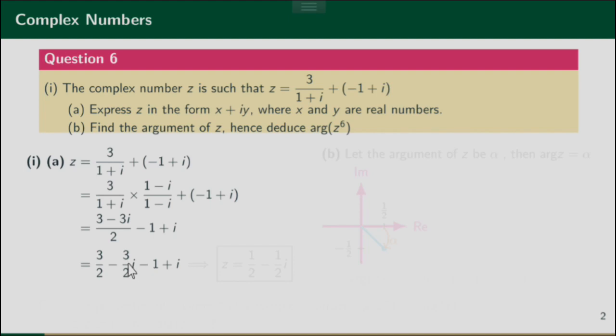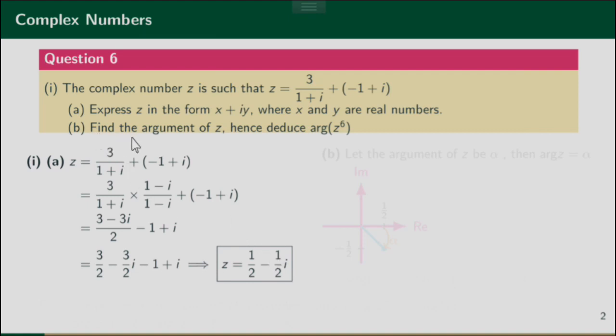And the imaginary part is negative 3 divided by 2, then plus 1. Then 3 divided by 2 minus 1 is positive half, and negative 3 divided by 2 plus 1 is negative half i. So we have expressed the complex number z in the form x plus yi, where x is equal to half and y is equal to negative half.